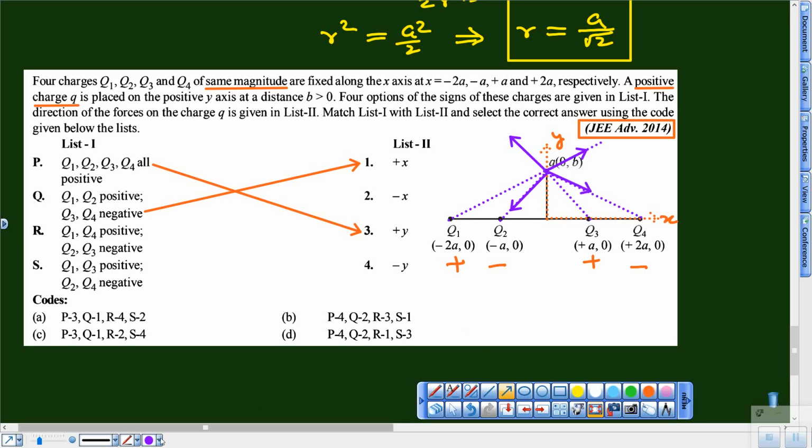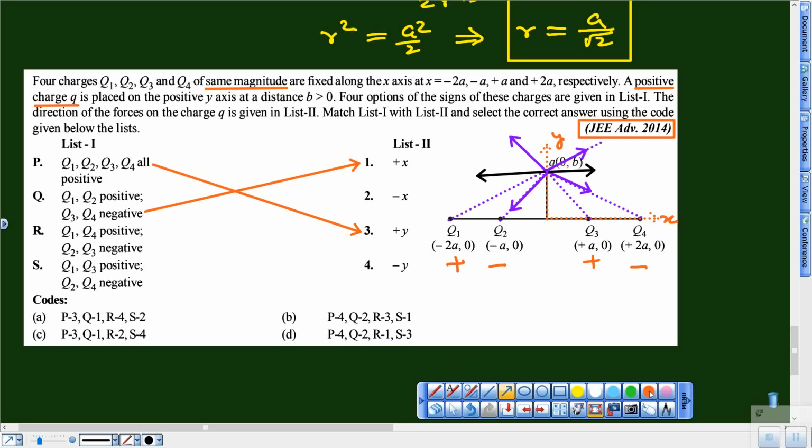So these two forces in the leftward direction will have their resultant in the leftward direction, whereas these two forces would have their resultant in the rightward direction. You can see that because leftward forces are larger, that's why this will dominate. Leftward force will dominate the rightward force.